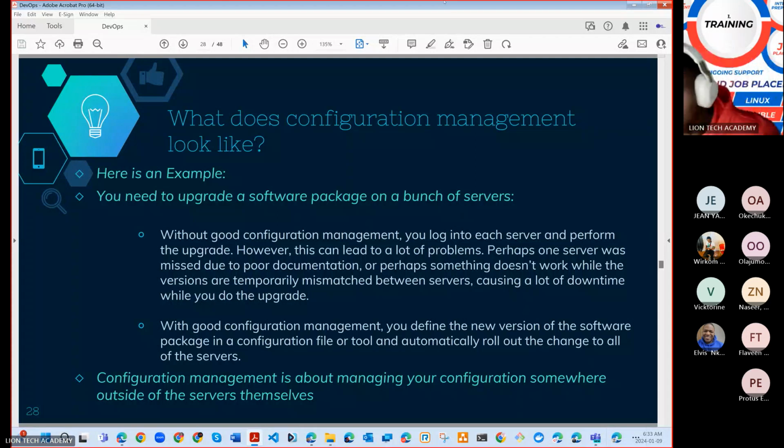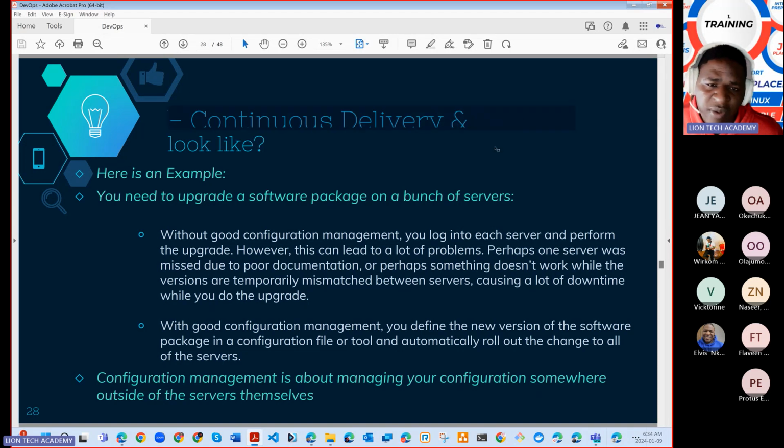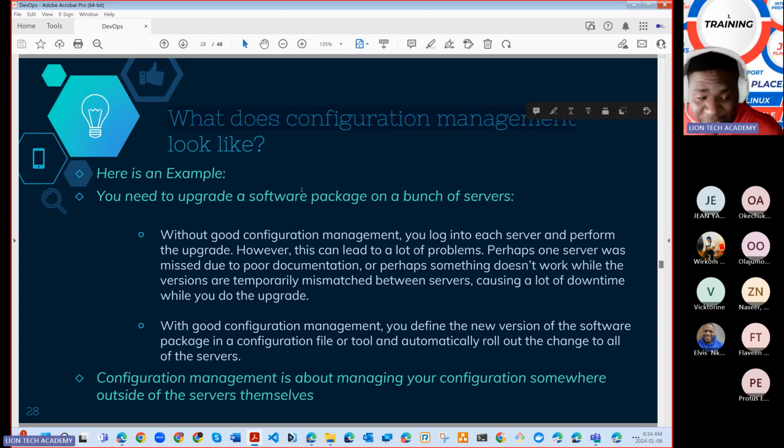One of the things that we are going to deploy, as part of our job, is an automated config management system for our organization. That's going to be our responsibility.